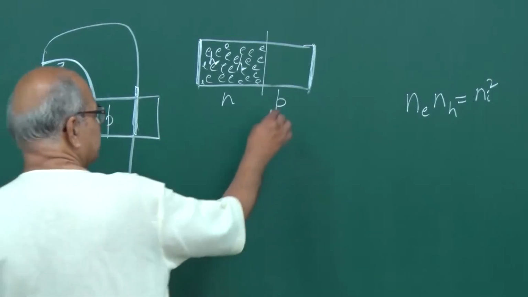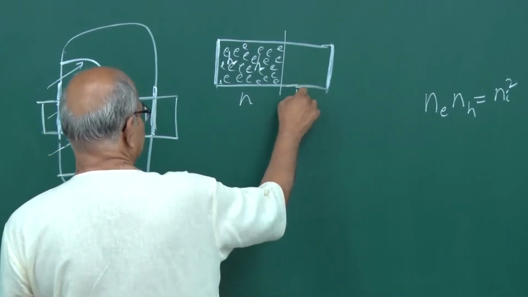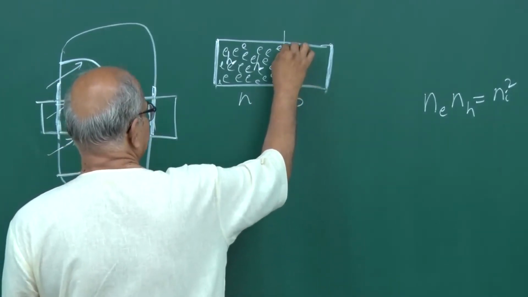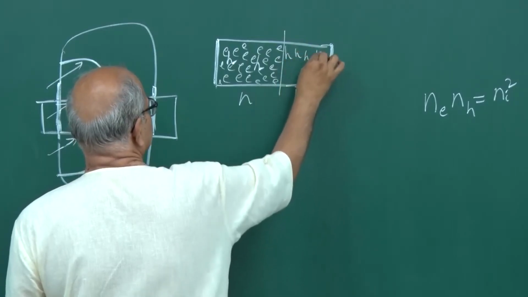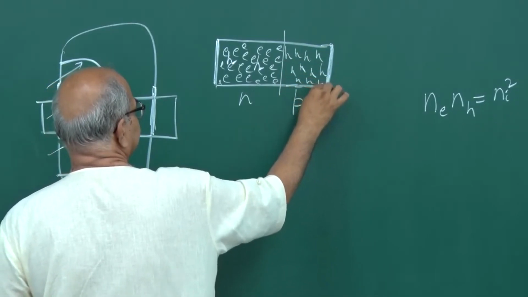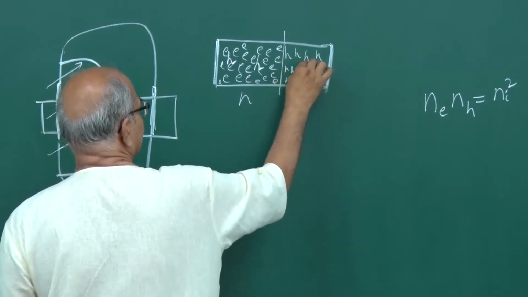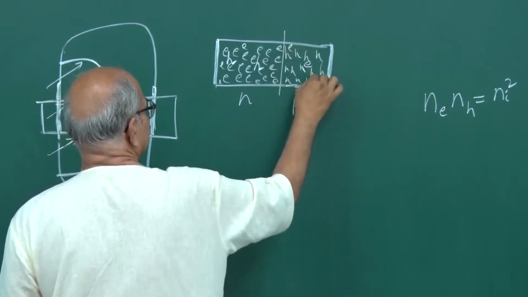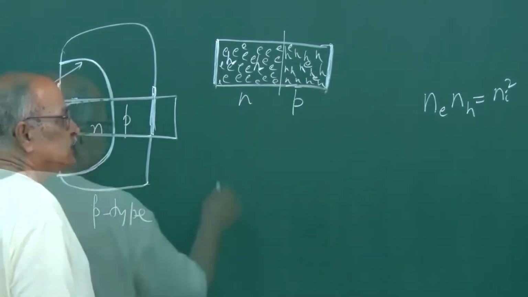And similarly on this P side, this is P type semiconductor here, so you have a large number of holes, and then some electrons in between.